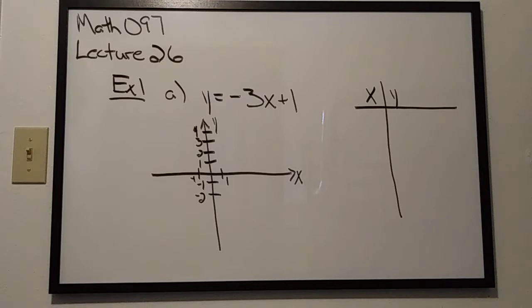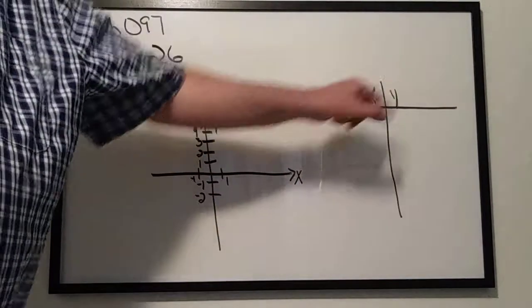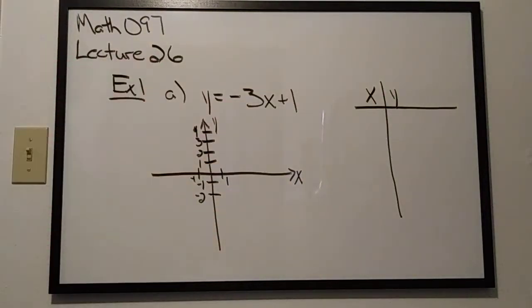So as you look at the handout, example 1 is asking us to graph an equation by plotting points. In example 1a, we're going to be looking at y equals negative 3x plus 1. In order to graph this by plotting points, we're going to create an xy table. Over on the right-hand side, I left some blank space for you.